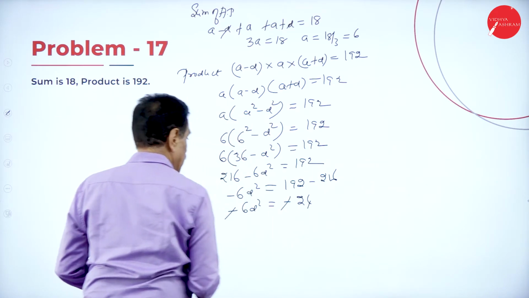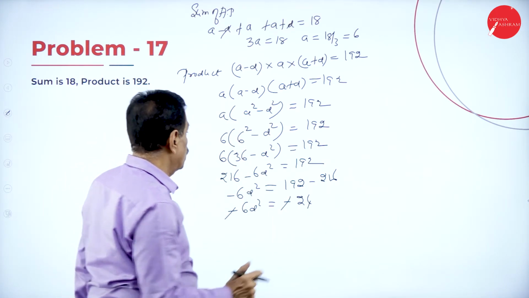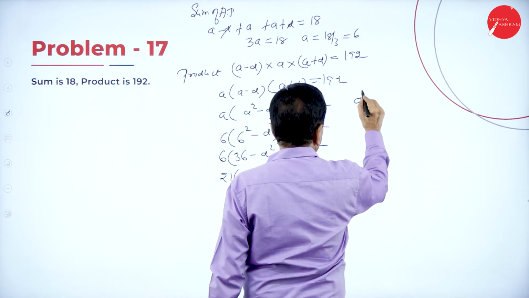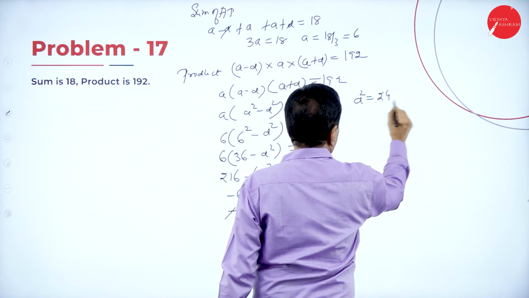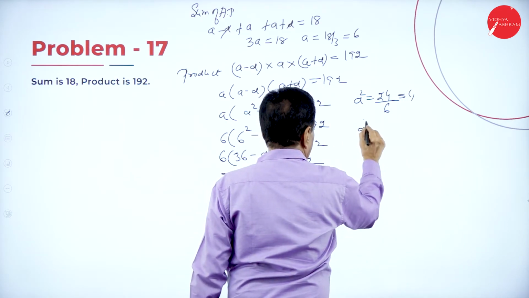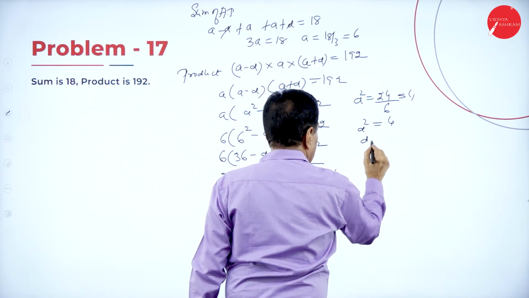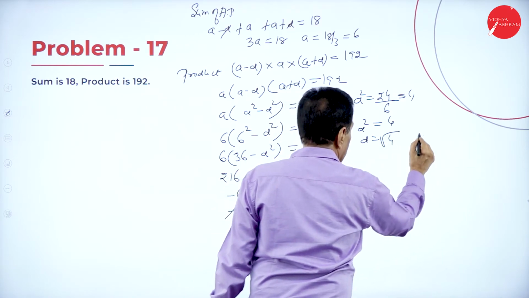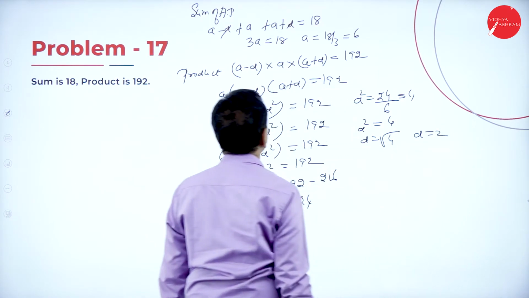Cancel minus minus. So D square is equal to 24 divided by 6, 4. D square is equal to 4. D is equal to root of 4. D is equal to 2.